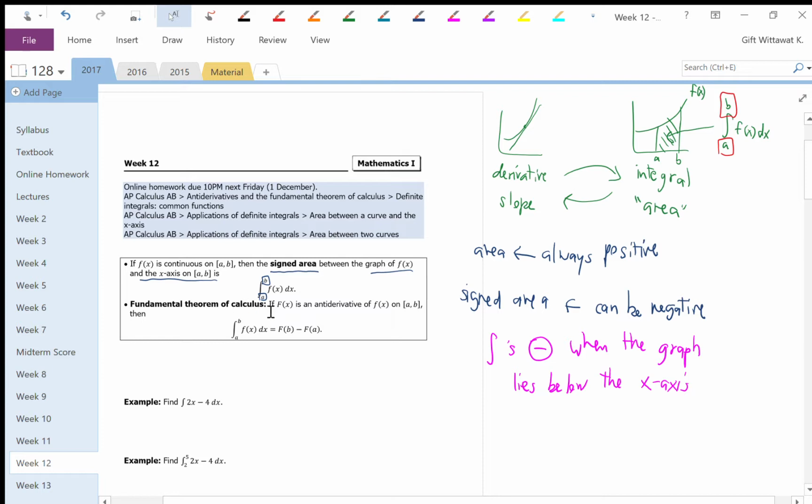It basically says this: if my big function F is the antiderivative of my little function f, then to find the integral, or the signed area from a to b of little f, I can just compute the big function F evaluated at b minus the function F evaluated at a, and that's going to give me the integral. That's going to give me the signed area under the graph of the little f function.